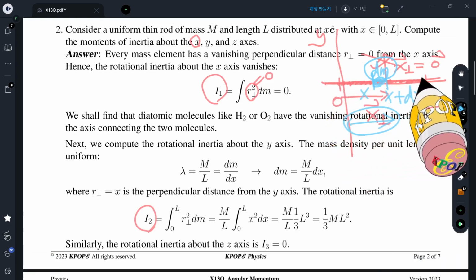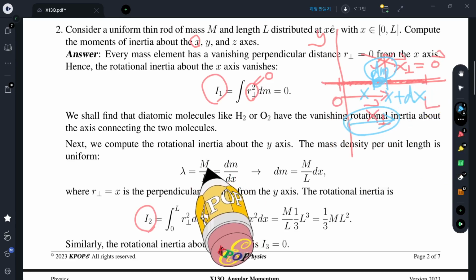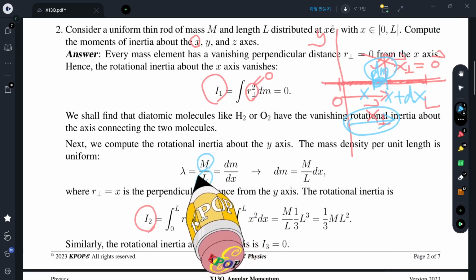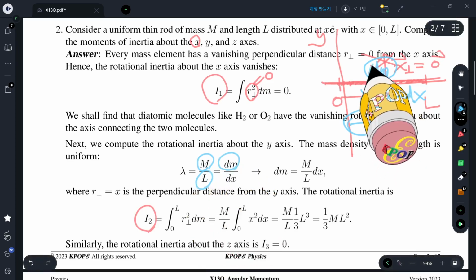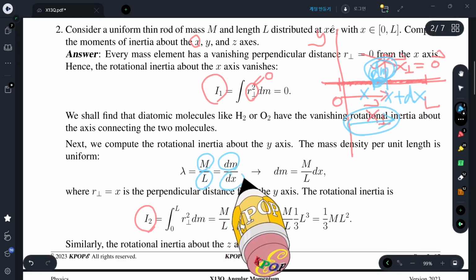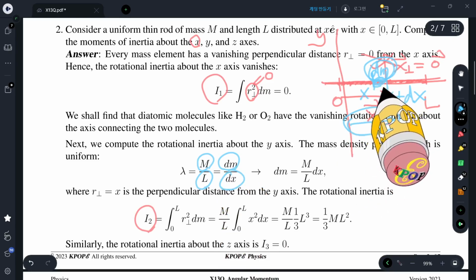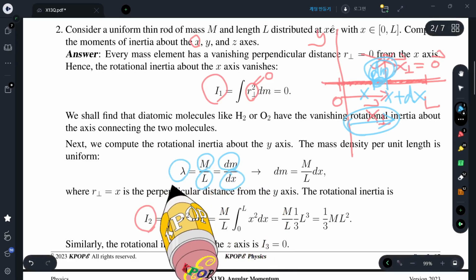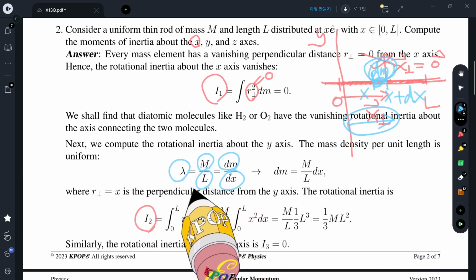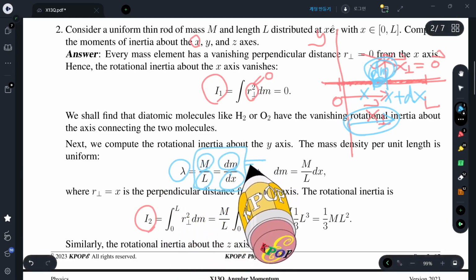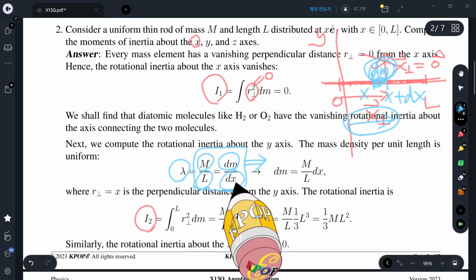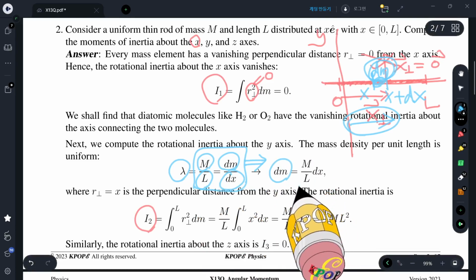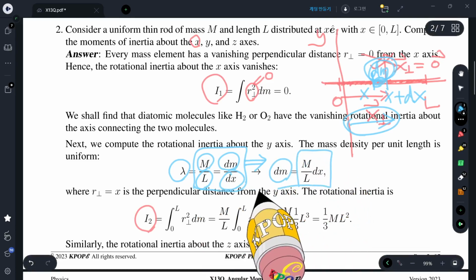Because this rod is uniform, the ratio of total mass to length, and the mass of this small element to the length of this small element, should be a constant. As a result, by multiplying dx on both sides, the small mass is expressed like that.